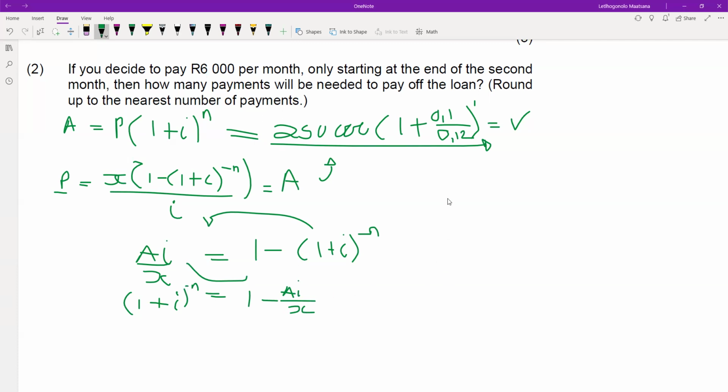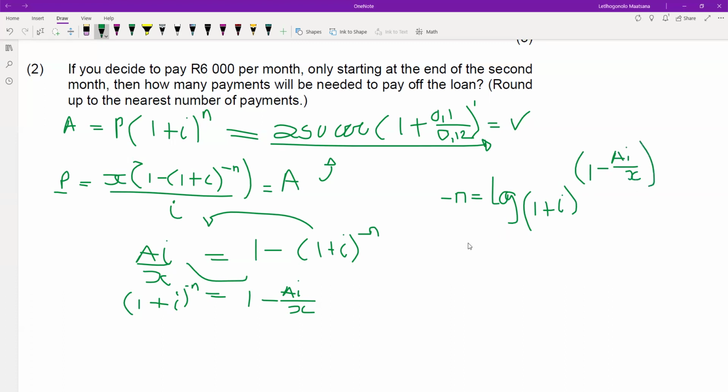So we will then say that negative N is equals to the log of the (1 plus I) base of (1 minus I over X).